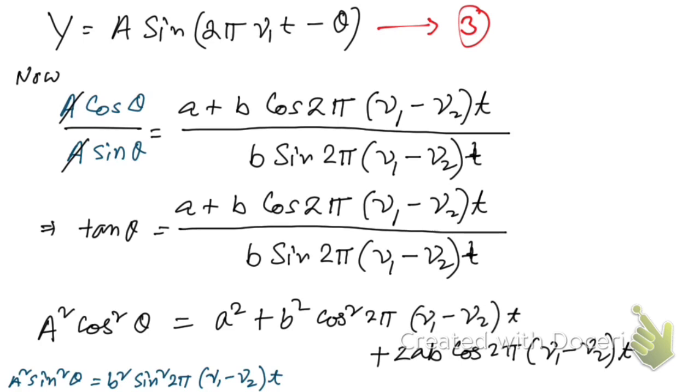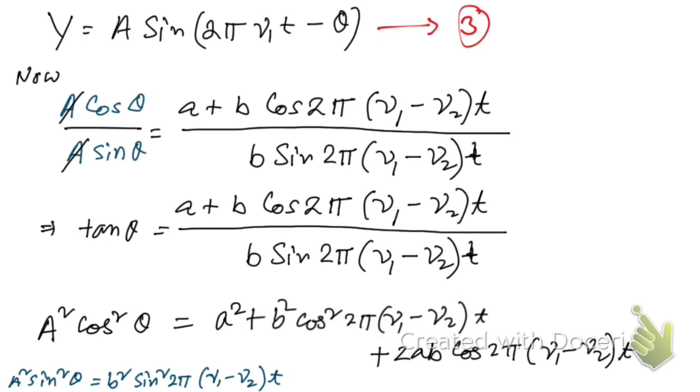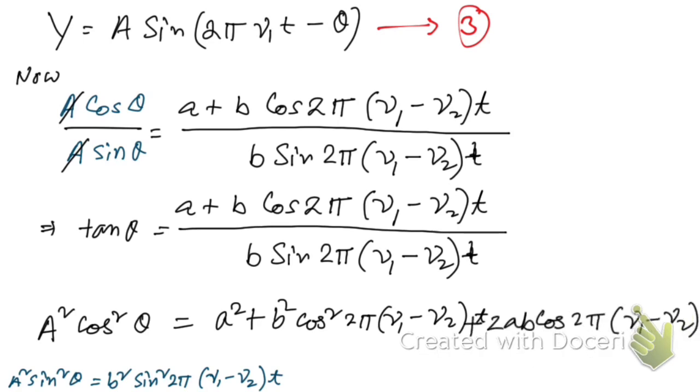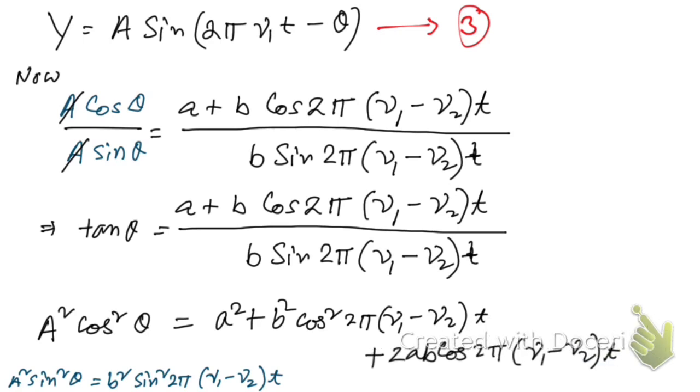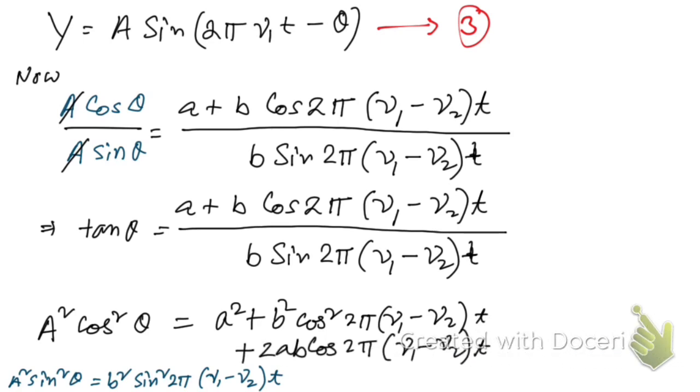Just give me a second. Hold on, let me adjust these terms. Okay, a little bit of adjustment. So here we're going to get this. Oh sorry. Okay, let me write this one here, and we are squaring and adding these two.